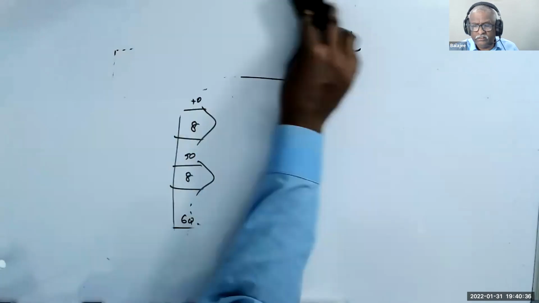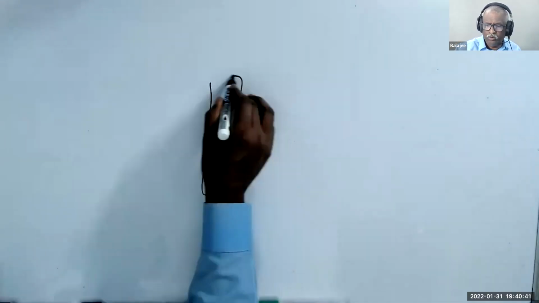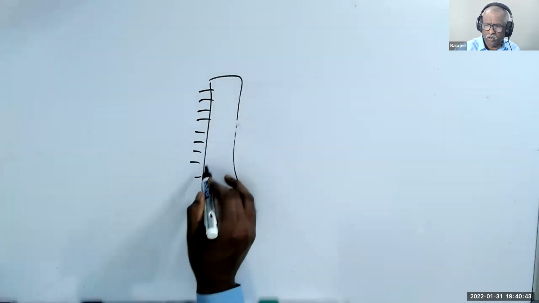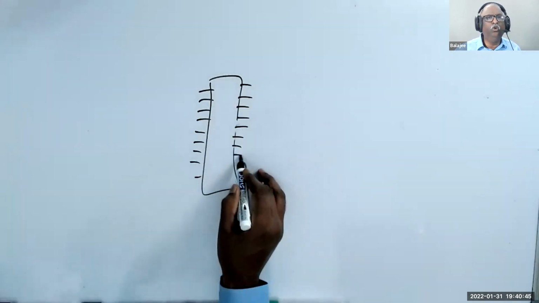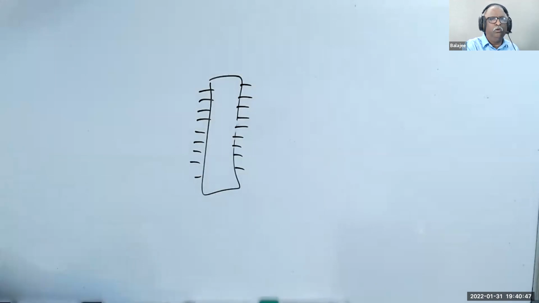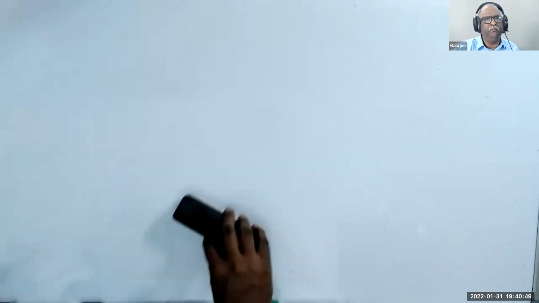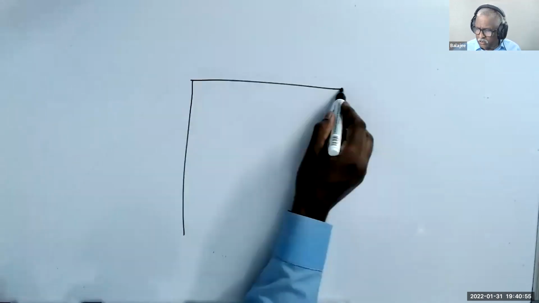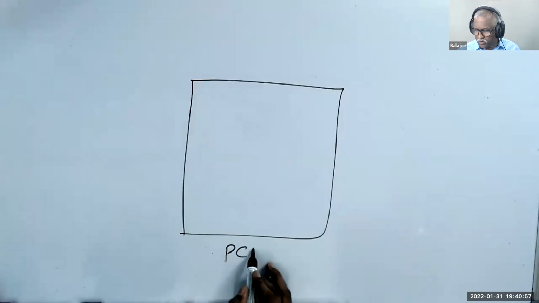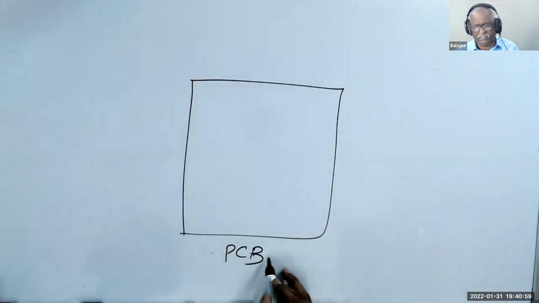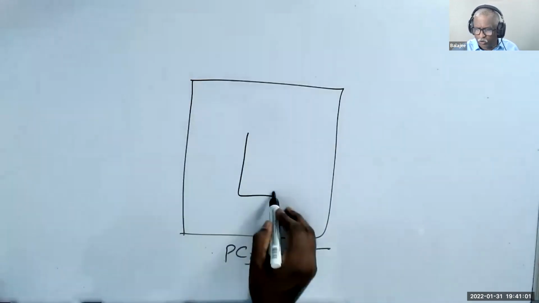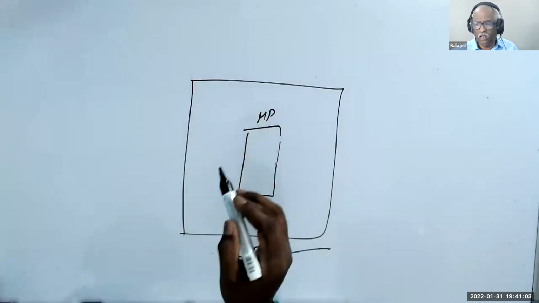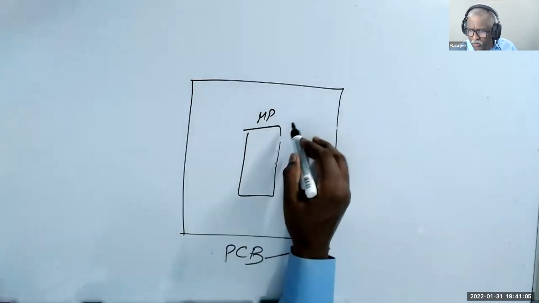Then, if I give you the microcontroller chip, if I give an IC to you, you cannot use it correctly. You have to do a lot of soldering and everything. For that reason, people made a printed circuit board, PCB, and they put the microcontroller on it and give so many connectors.